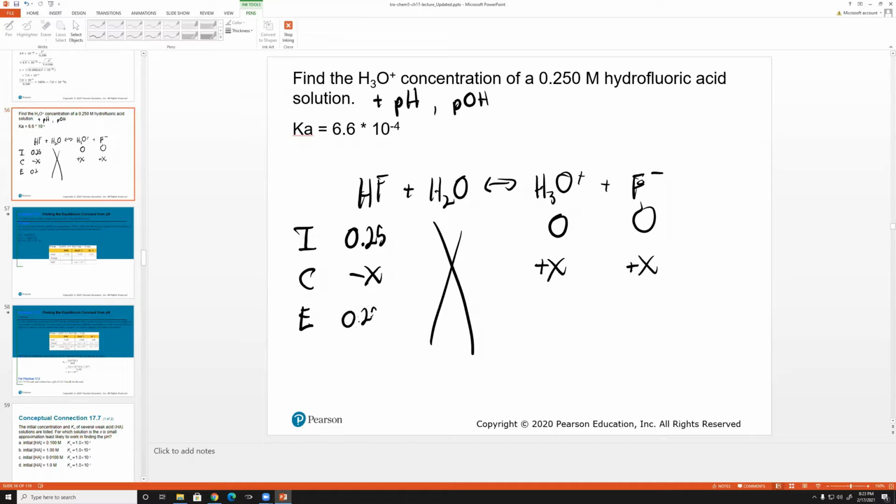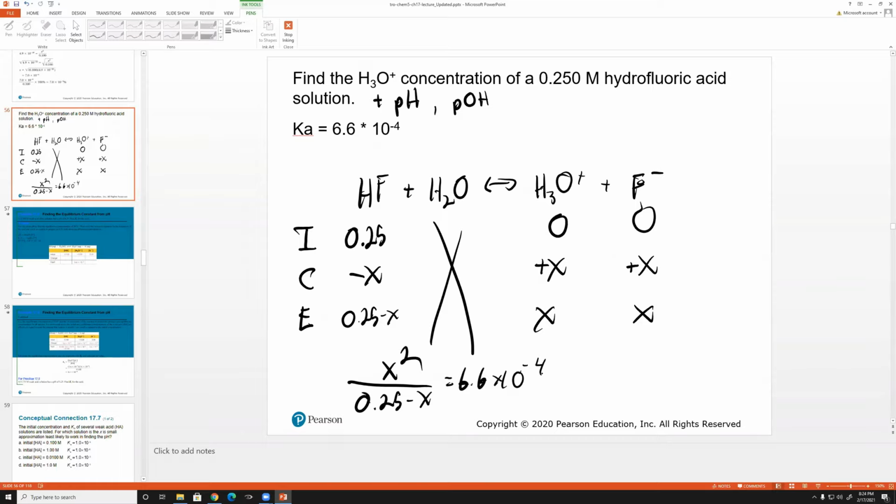Good, 0.25 minus X, H3O plus, X and X, good. So now our expression would be X squared over 0.25 minus X equals 6.6 times 10 to the negative 4th.